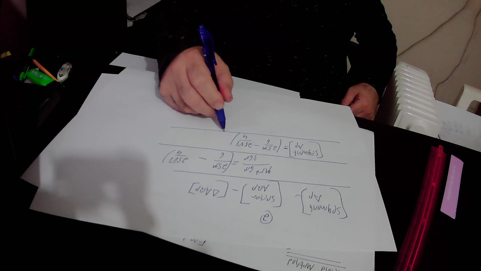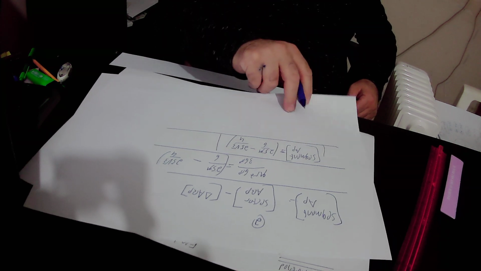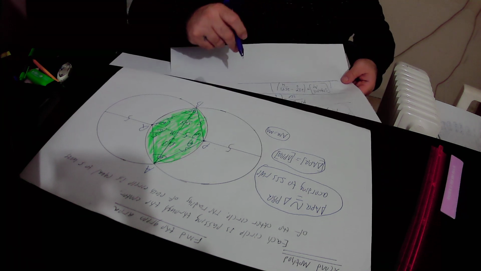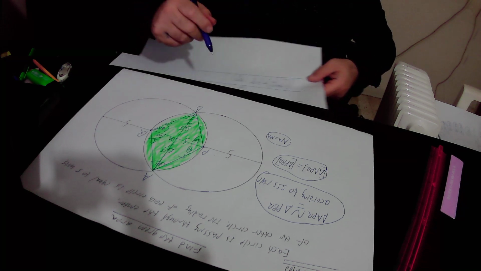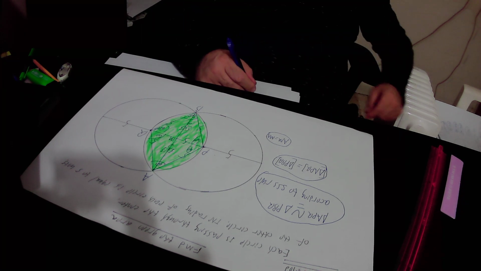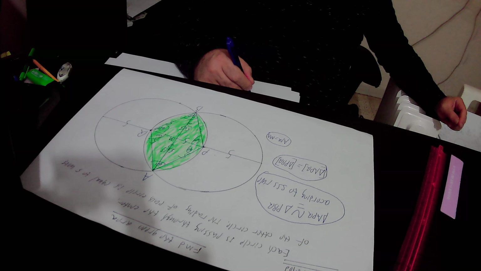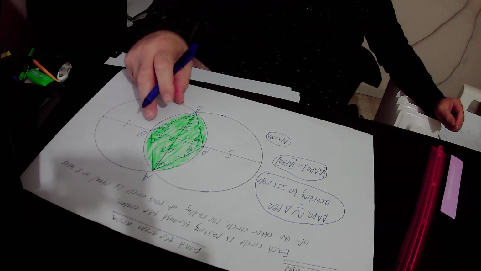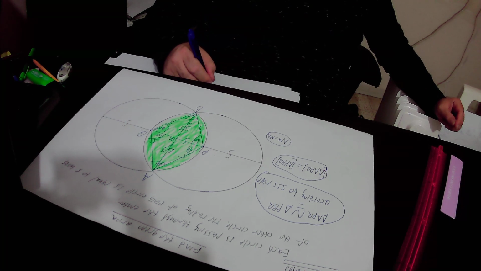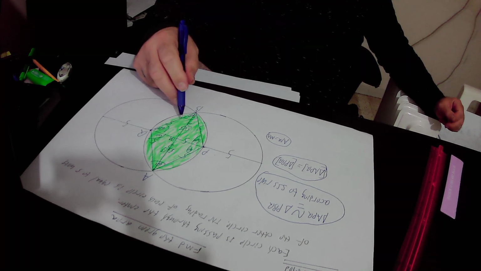And what is the area of segment PB? The area of segment PB will be equal to the area of sector PQB minus the area of triangle PQB.